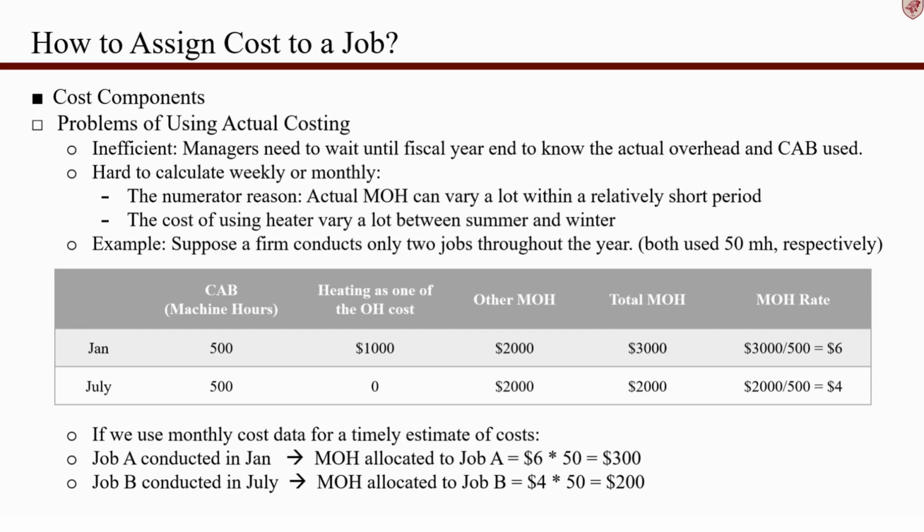And sometimes you want to calculate the MOH at a weekly or monthly level. For example, if you want to charge your customer, right? Then the weekly or monthly MOH rate under actual costing can vary a lot because of a high variability in the numerator or denominator, right?